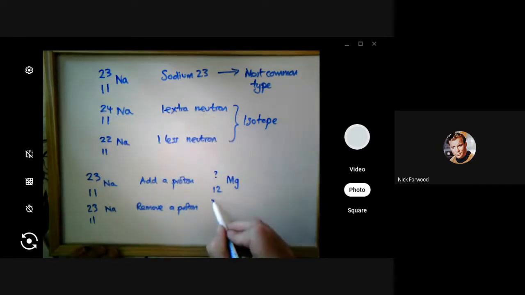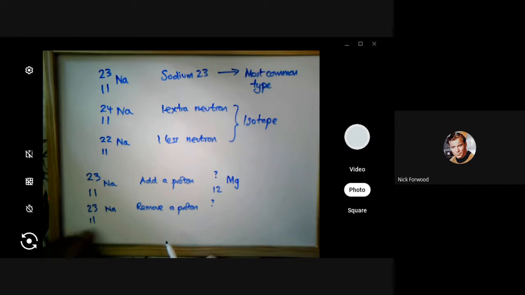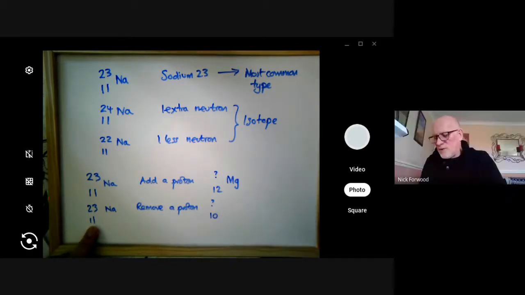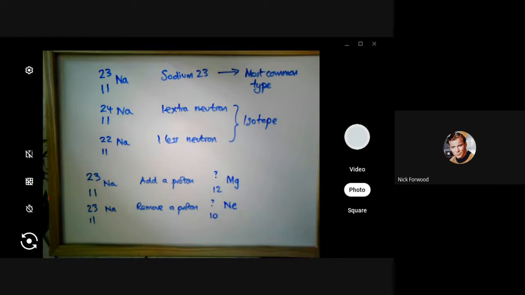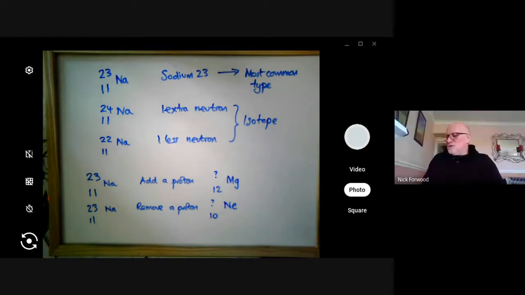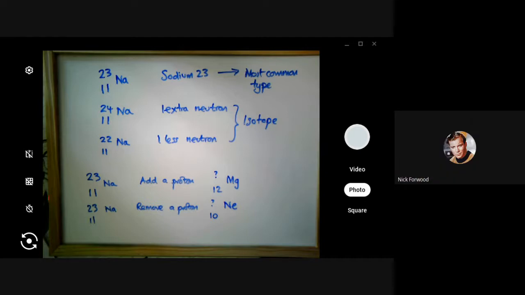What I am interested in just at the moment is what happens if you remove a proton. Then this number 11 here goes down to 10, and that means it's become a different element, and you'd have to go back to the periodic table and look up what is element number 10, and it's in fact neon. So adding neutrons chemically doesn't change the atom at all.